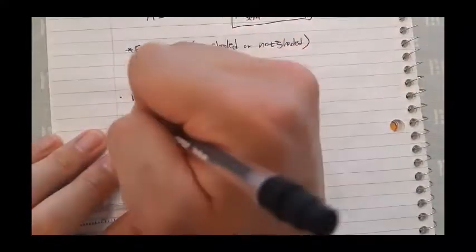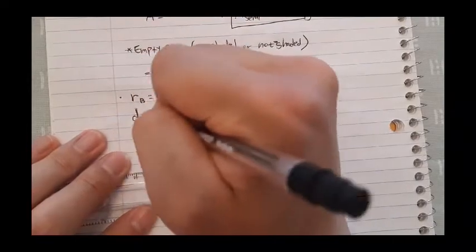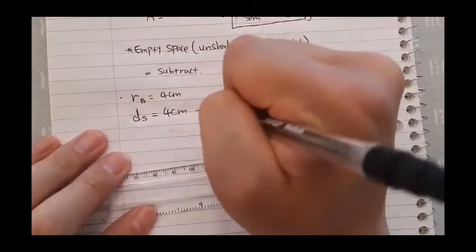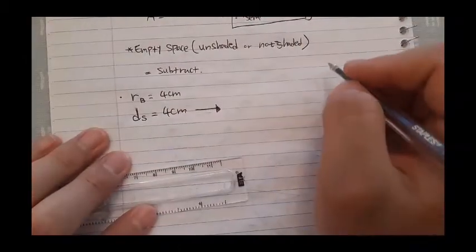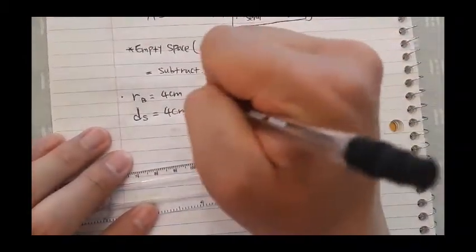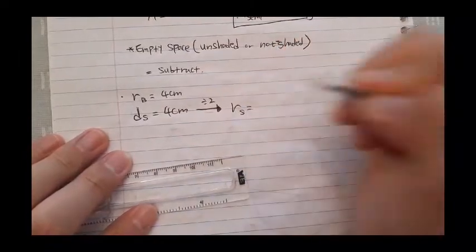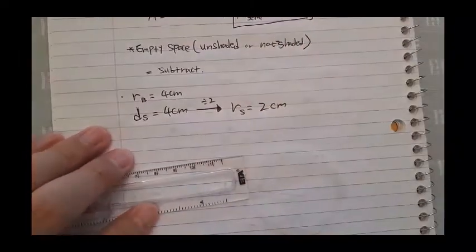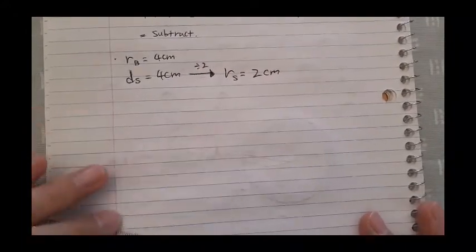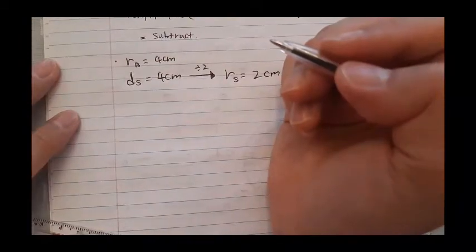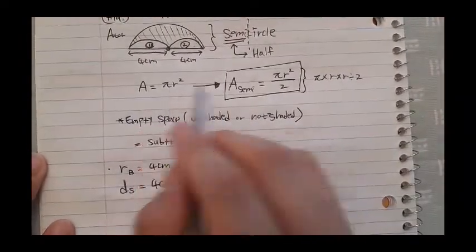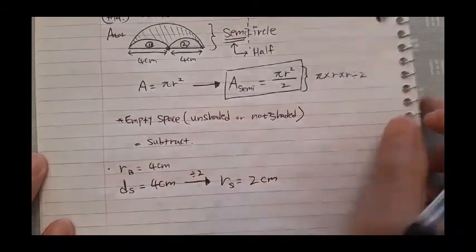Now you may notice the diameter of the smaller circle is given as 4 centimeters. Whenever you see a diameter for your area calculation, divide it by 2 for the radius, so the radius of the small circle is 4 divided by 2, which is 2 centimeters. Next, the second step is pi r squared divided by 2.